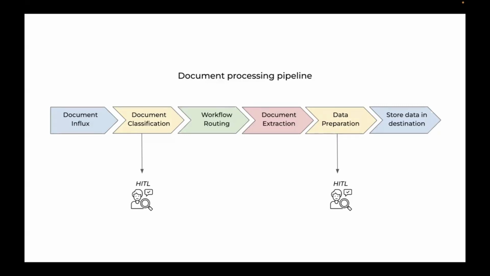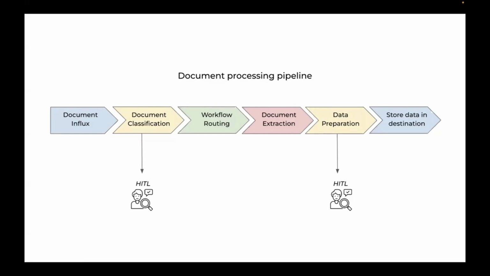And you might also want this person to change certain values in case they are wrong before it goes into the destination. Or you can also have it right at the beginning where you're looking to classify your document, and you might want human oversight to see where your documents are landing up, which workflows they are directed to, and all that. So these are just ways in which you can insert human review in different places. But again, as I mentioned earlier, there is no hard and fast rule about this, and you will have to look at your own specific use case before arriving at this decision.